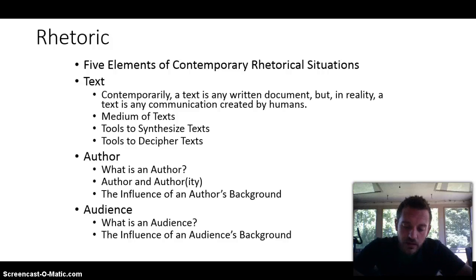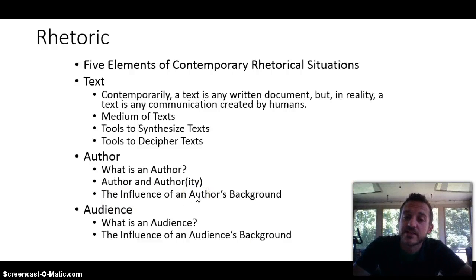And then you also have to keep in mind the influence of the audience's background. Say I'm writing a novel, there's a certain audience I'm writing for: 30-something, late 20s, early 30s, people who have recently discovered that they're disenchanted with life and their career.